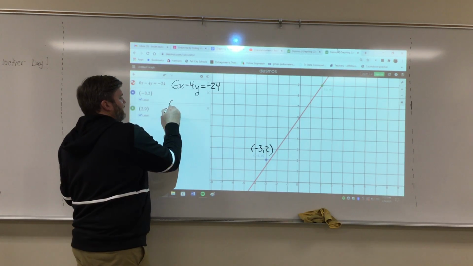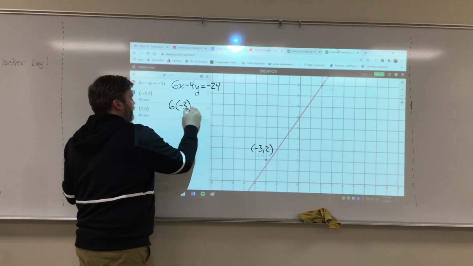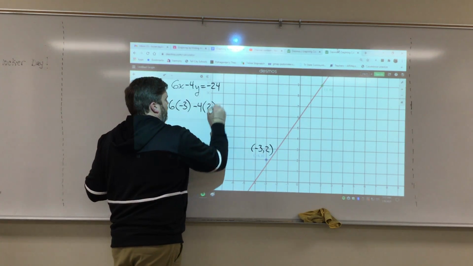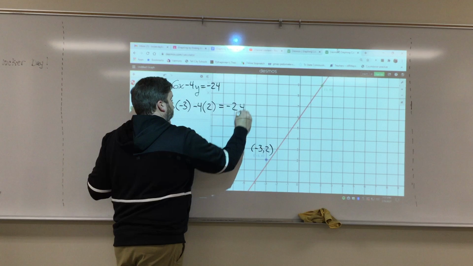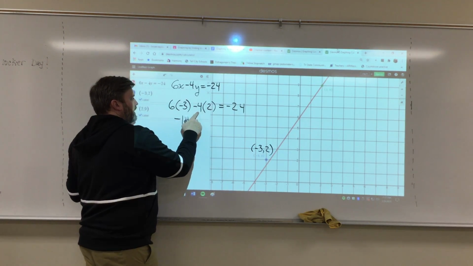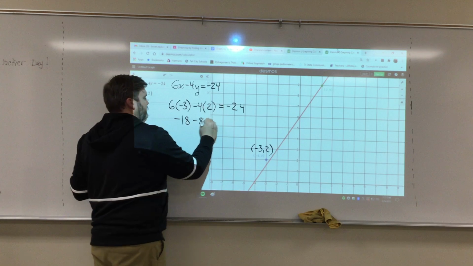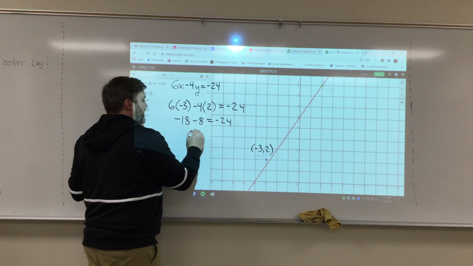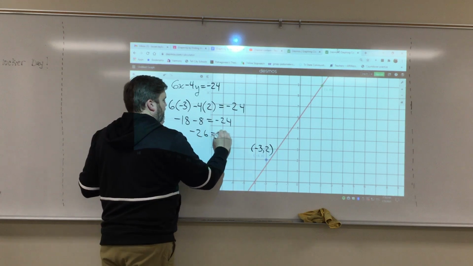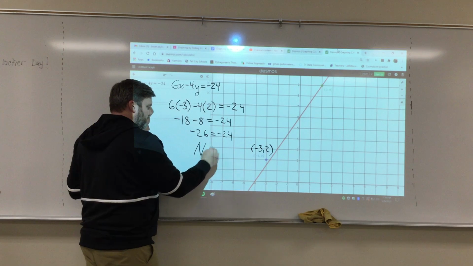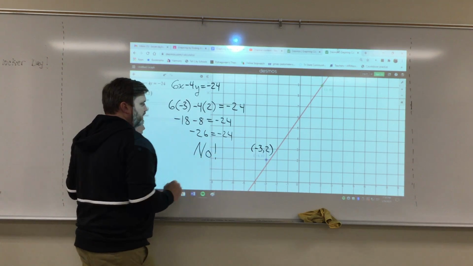I'll plug in negative 3 for x, and then plug in 2 for y. I get negative 18, minus 4 times 2 is negative 8, equals negative 24. Negative 18 and negative 8 is negative 26, which is not negative 24, so no, this one is not on the line.